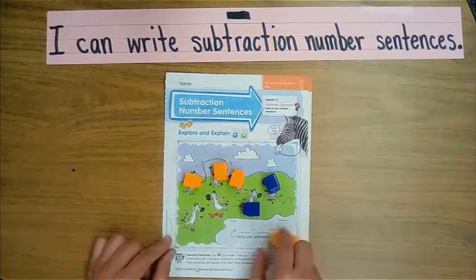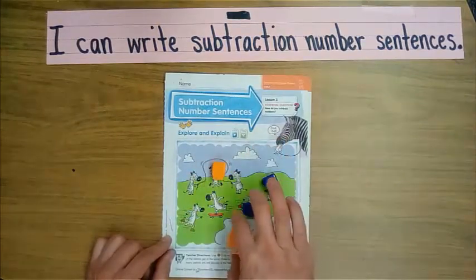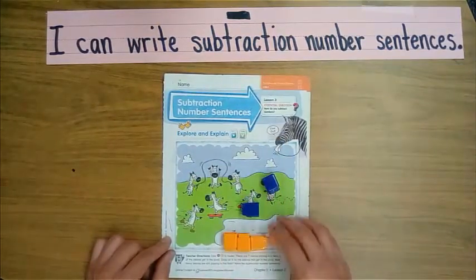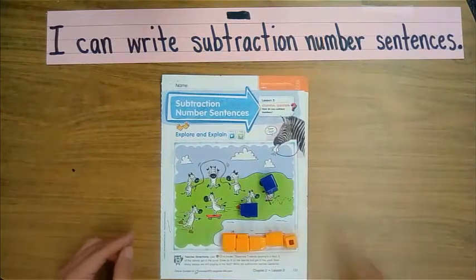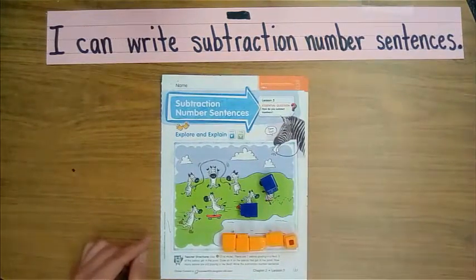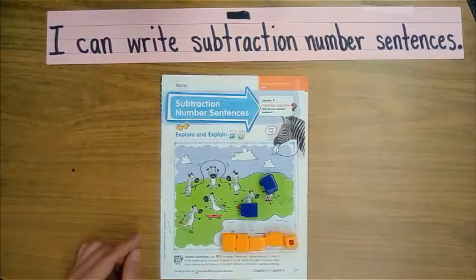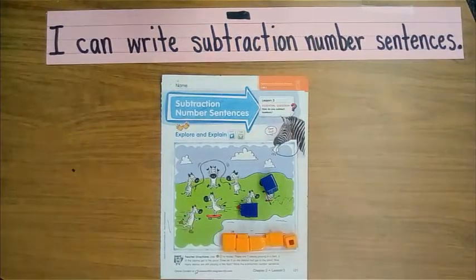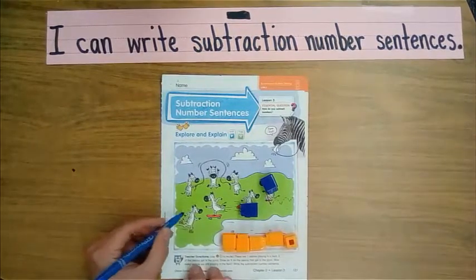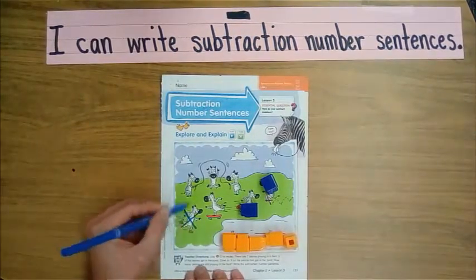So if I have 7 zebras here, and it says that 5 of them get into the pond. So 5 of them are going to leave and get into the pond. So let's move 5 of these into the pond. 1, 2, 3, 4, 5. Okay, so how many zebras are left? What is the difference? That's right, 2. So now, let's put an X over the pictures of the zebras that left.